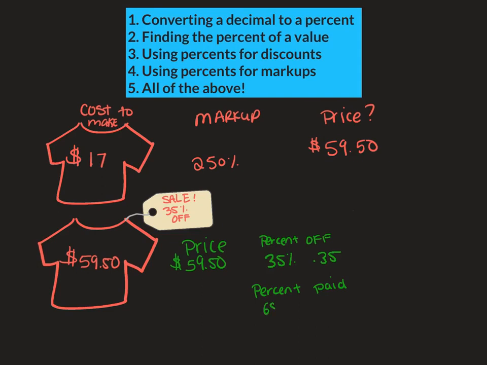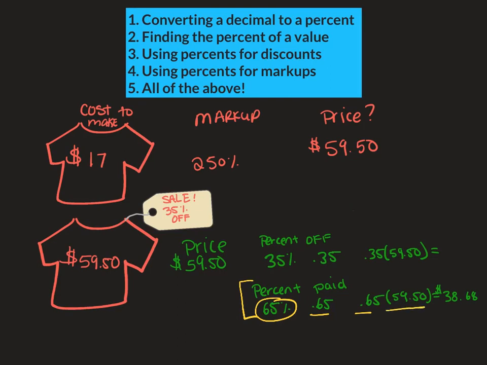Or I'm paying 65% of the price, or 0.65 in decimal form. I can multiply these by the price to find how much will be discounted or how much I'll be paying. If I look at how much I'll be paying, that's going to be 65% of $59.50, or 0.65 times 59.50.